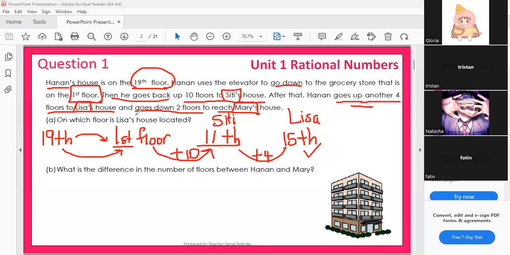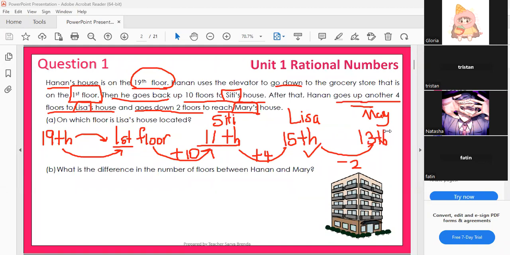Well done, Tristan. If he goes down 2 floors, he is going to reach Mary's house. So what is 15 go down 2, or minus 2? That's going to be 13. So that's right. Mary would be on the 13th floor.